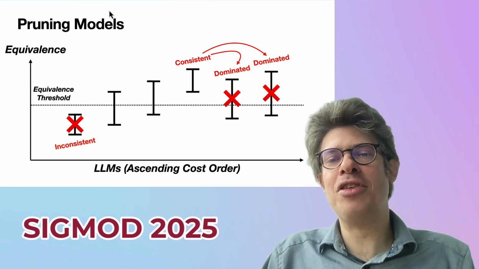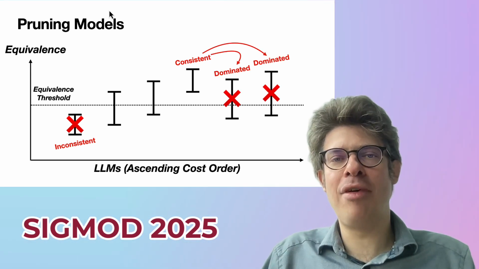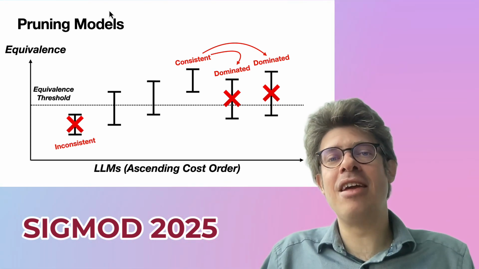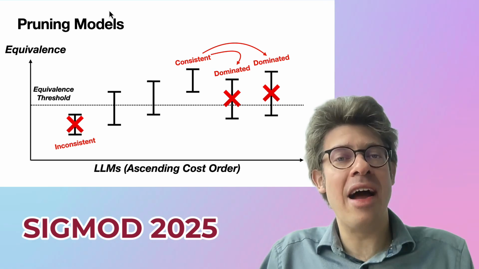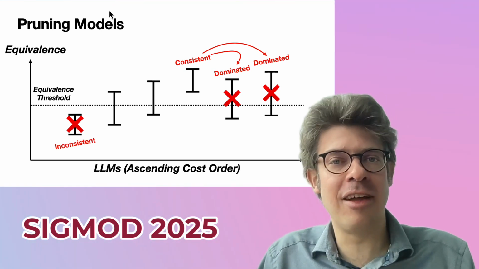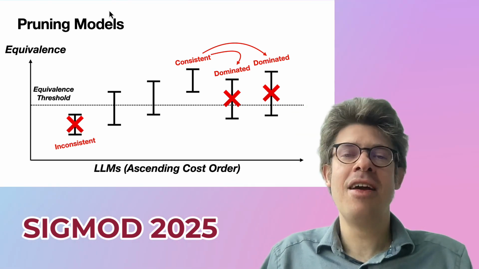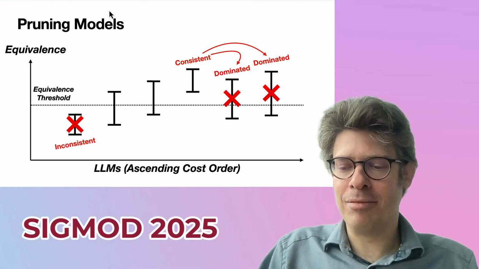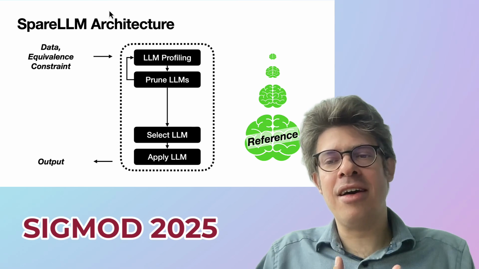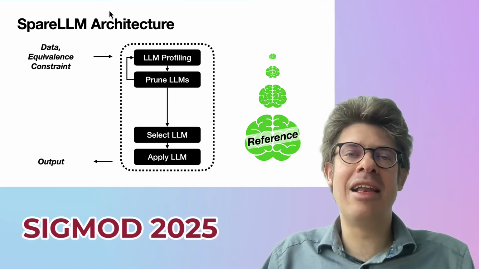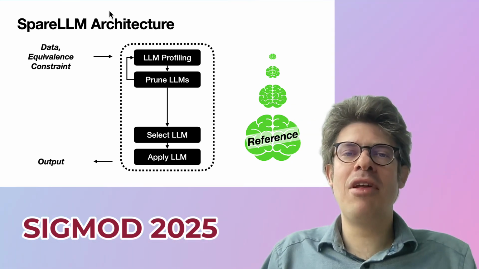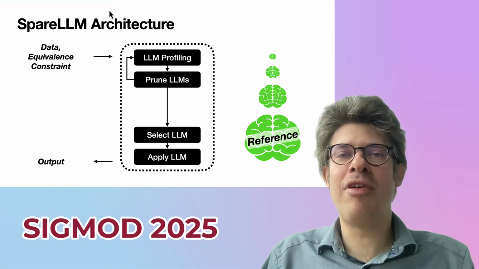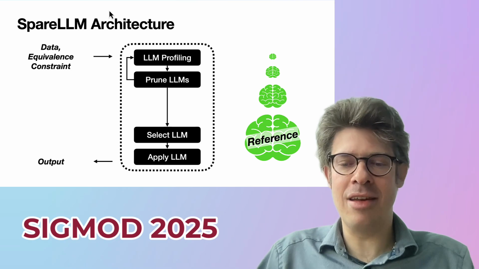And because of that, we know that we don't need to do any more profiling for those more expensive models where we are not currently sure whether they produce sufficiently high quality output for the specific task that we are looking at. So in that case, I wouldn't have to include them in any further profiling. So in this extended version of the SpareLLM architecture, we are regularly pruning some of the candidate models from further profiling because they are not interesting anymore.